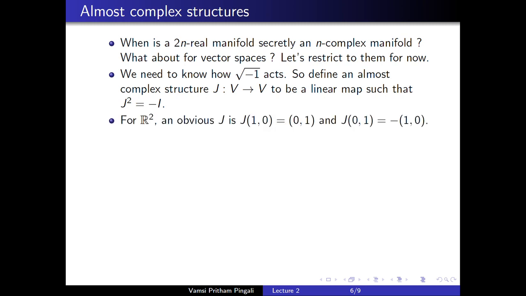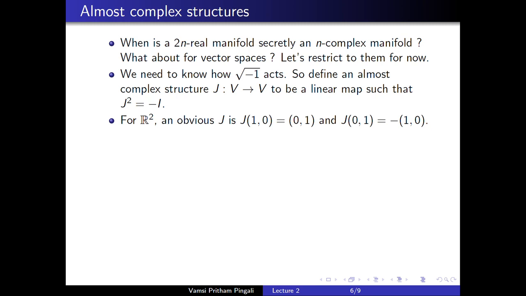What's an example? We'll take R^2. What's an example of an almost complex structure on R^2? Well, we already know R^2 is C. So if you take (1, 0), that is 1 plus i times 0, how would i act on it? i times 1 is just i, so (1, 0) must go to (0, 1). i times i is -1, so i acting on (0, 1) should be (-1, 0).